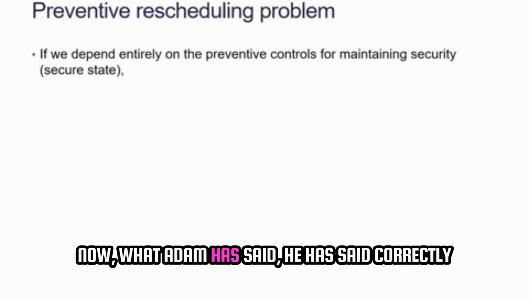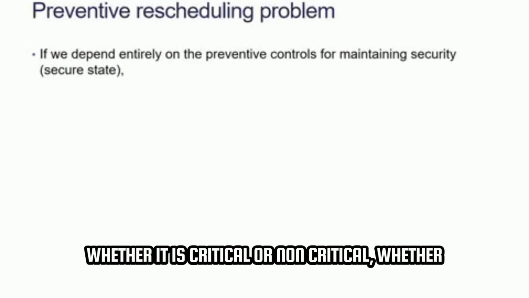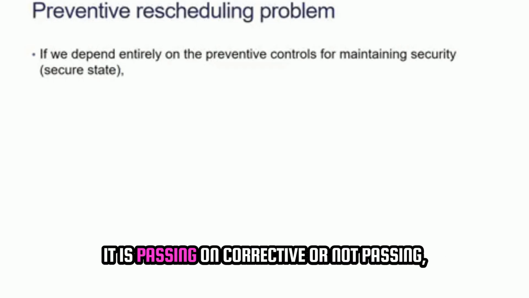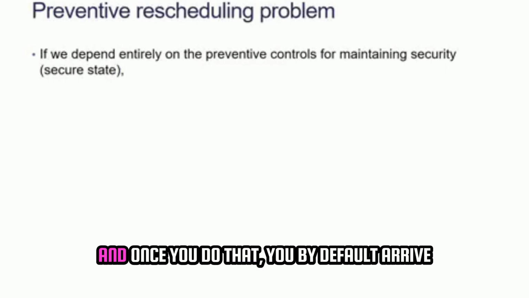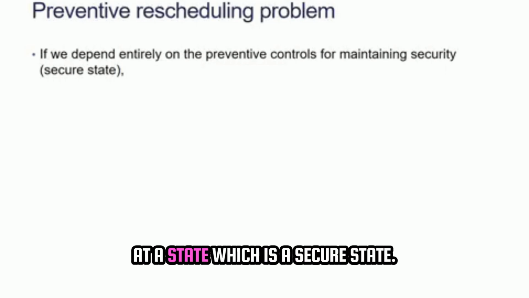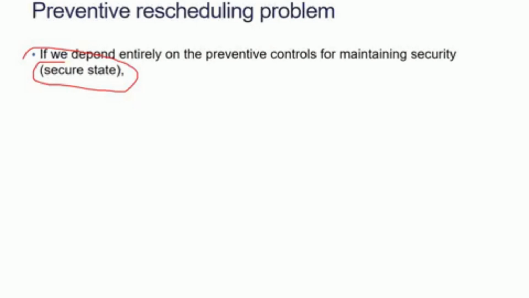Now what Adam has said is correct: if we include all the contingencies, whether critical or non-critical, whether passing the corrective step or not, at the base case itself, you by default arrive at a secure state. So perfect, Adam, and Nivedita, you also gave the correct answer.